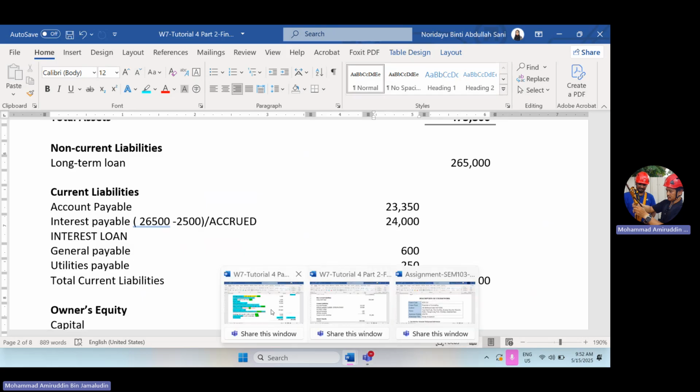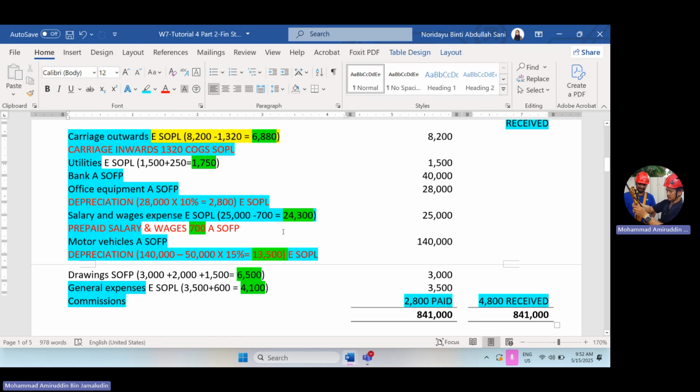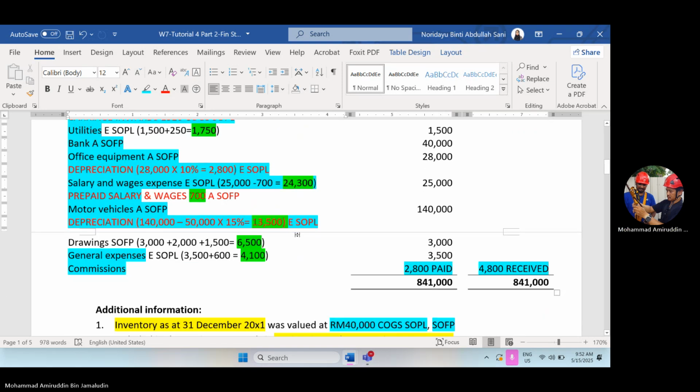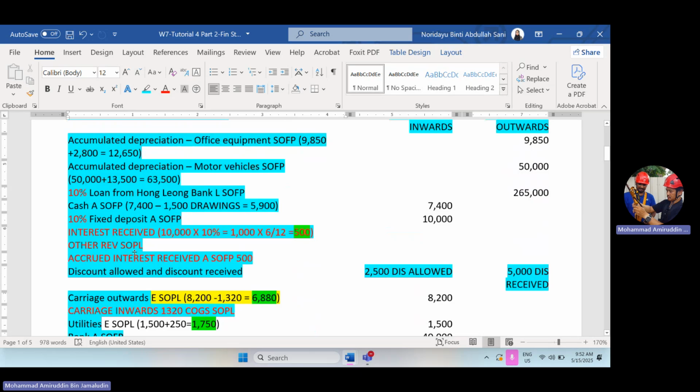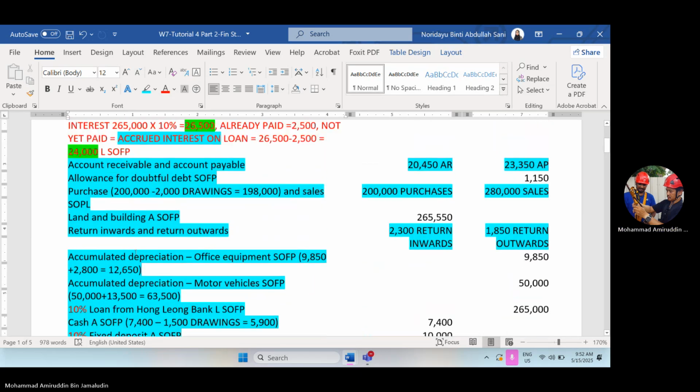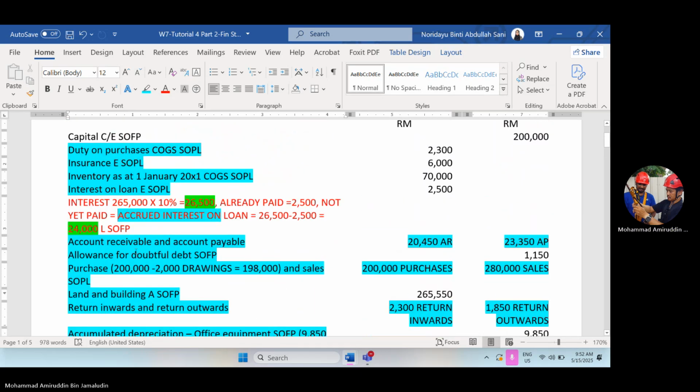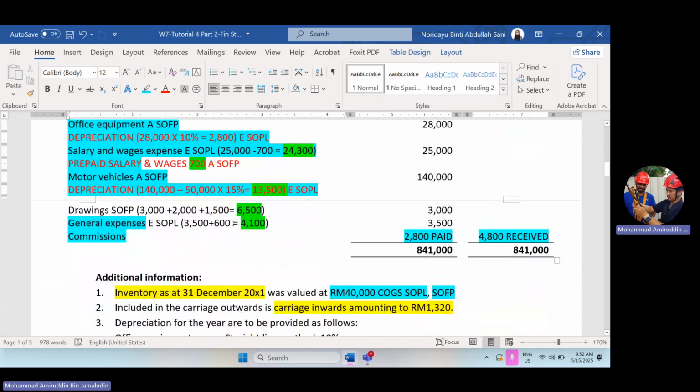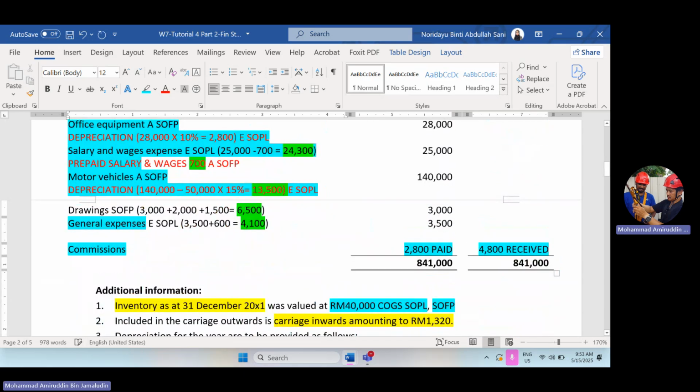Oh, we have the outstanding just now, right? Supposedly I should straight away show it inside the question. The one that we add for general expenses, the 600, meaning we have accrued general expenses. How much? 600. This one goes to SOFP, which is your liability.